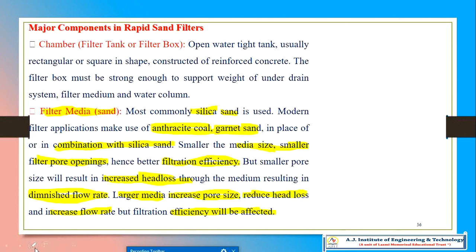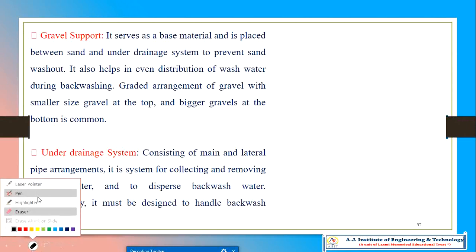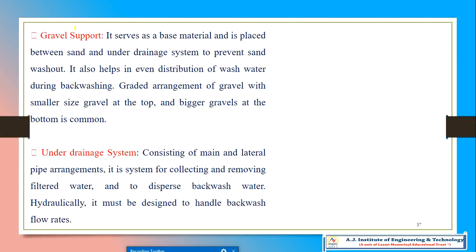We'll continue with the major components. Gravel: why are we using gravel as another media?